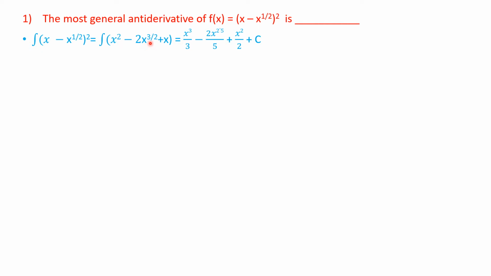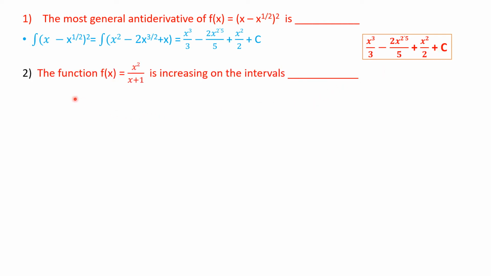So the first term will give us x cubed divided by 3 minus 2x to the power 2.5 divided by 5 plus x squared divided by 2 plus the constant of integration. So the answer will be x cubed divided by 3 minus twice x to the power 2.5 divided by 5 plus x squared divided by 2 plus constant.